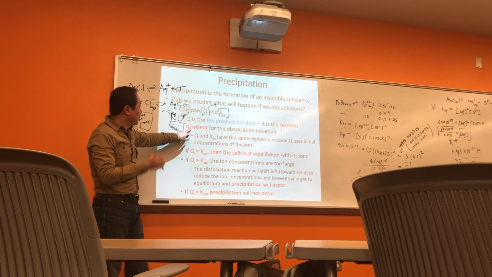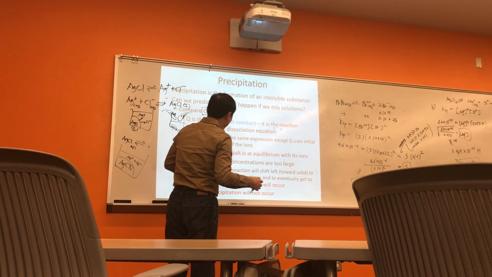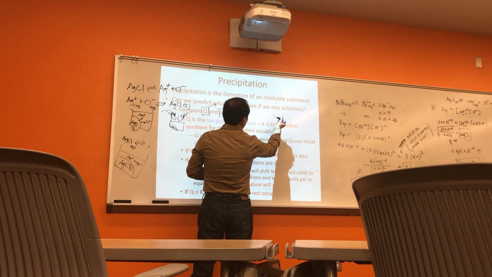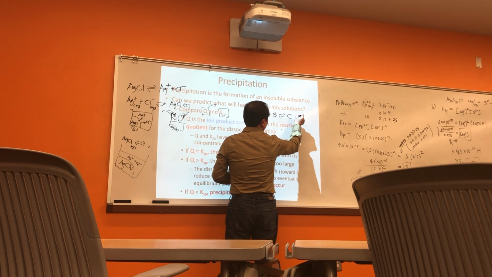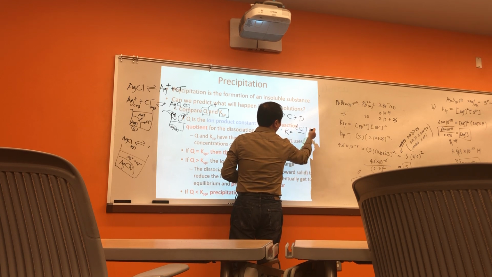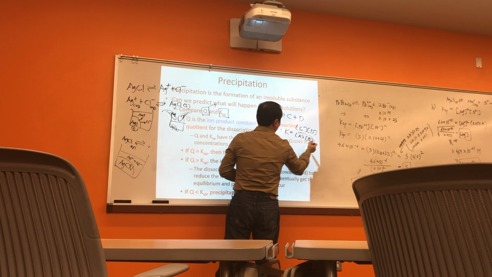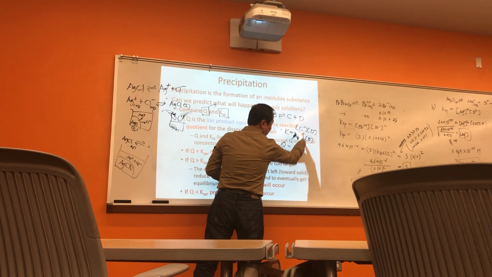So reaction quotient is the same as equilibrium constant in terms of the formula. For example, when you have a reaction, the equilibrium constant would be product over reactant. The reaction quotient Q is exactly the same.